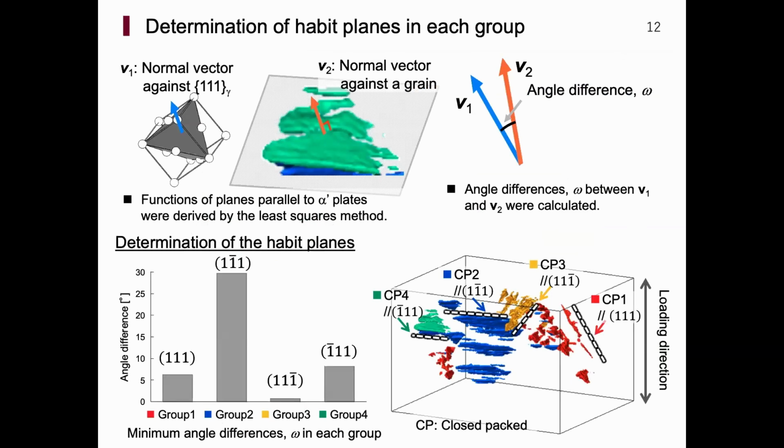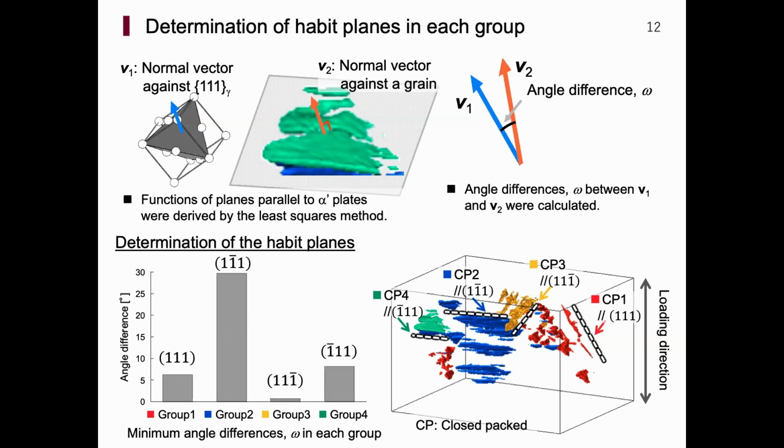So we also determined the habit planes of each martensite product by analyzing the crystal orientation of austenite phase. First, we calculated the normal vector against 111 planes in austenite phase.